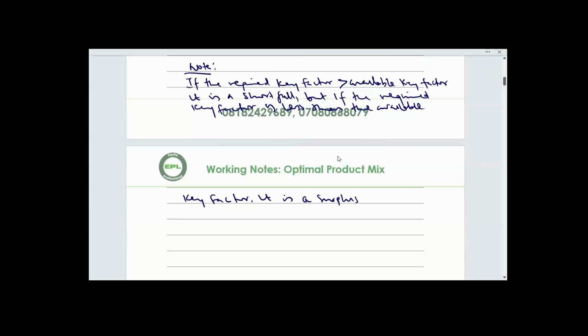Therefore, when there is a surplus, there is no constraint.